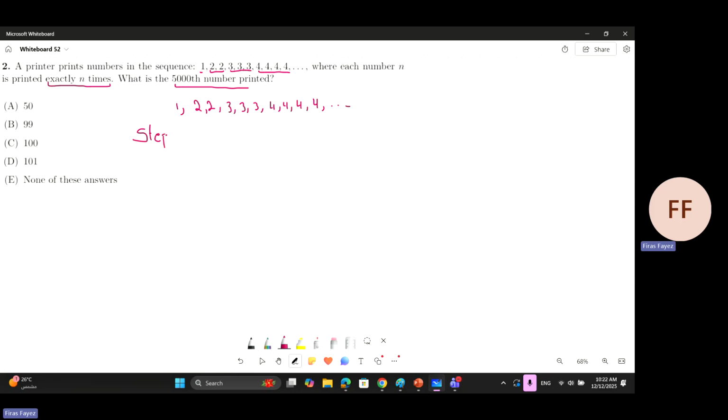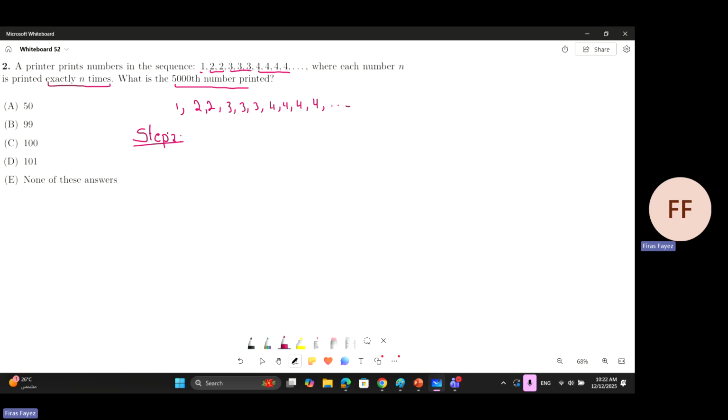In step number two, you have to determine the cumulative number of terms up to a certain number k.